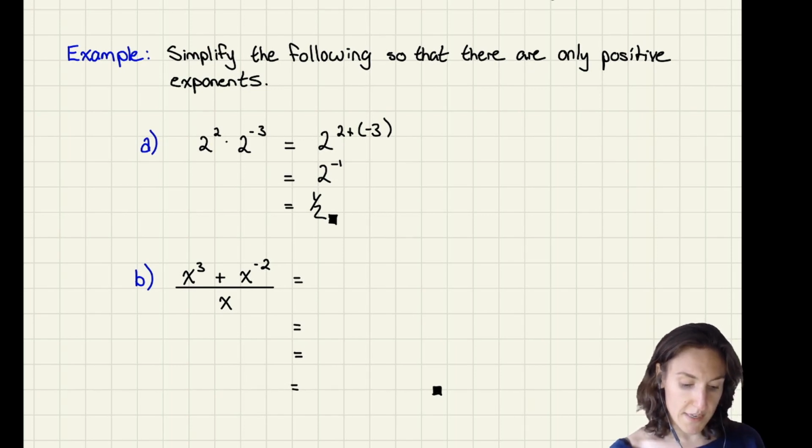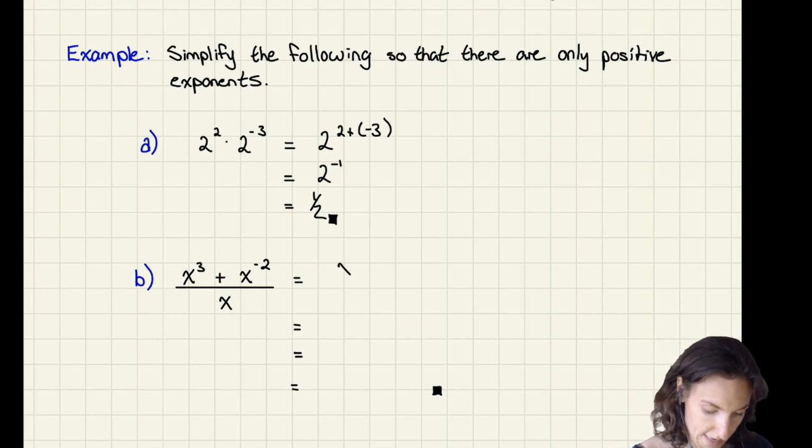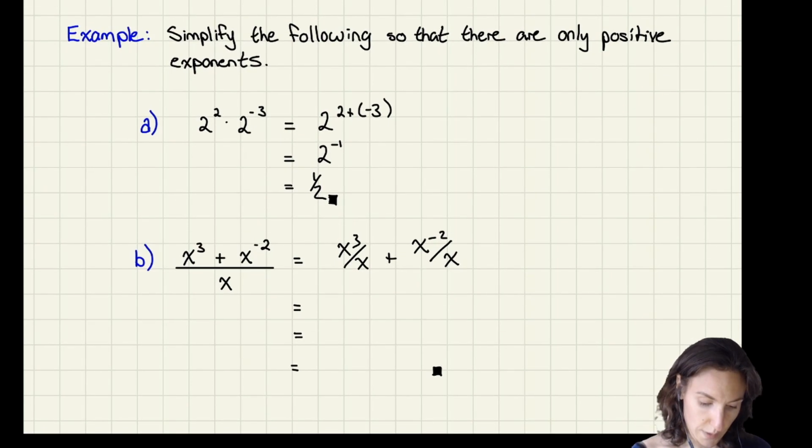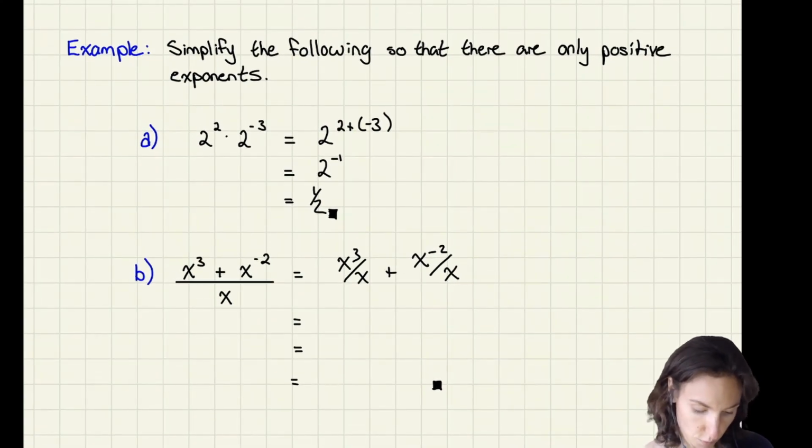it's probably going to be easiest to first split up this rational expression into 2 terms. So we can write it as x cubed over x plus x to the negative 2 over x. And then we can do the same rules, the division rules. So I can go x to the 3, and I have 1 x on the bottom.